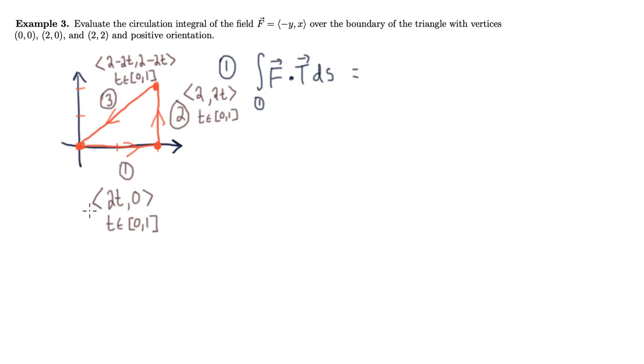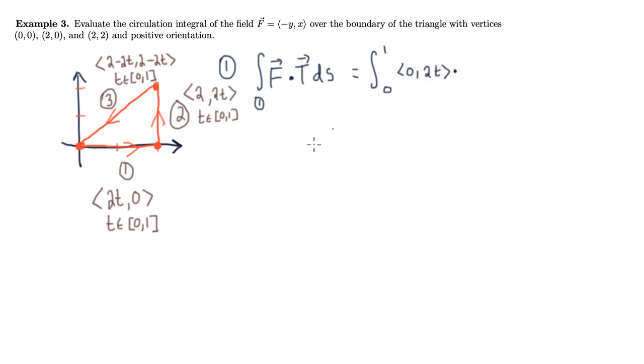All right, so now that we have a parameterization, we're ready to actually say what our line integral is. It's just the integral, along this first part, from 0 to 1, and then we have f, but now we actually want to plug in what f is. So f is going to be 0, comma 2t, because the x-coordinate is minus y, so that's 0, and then the y-coordinate is x, which is 2t.